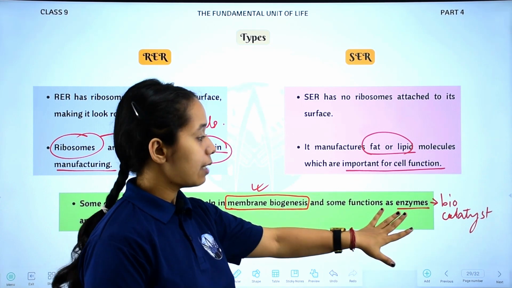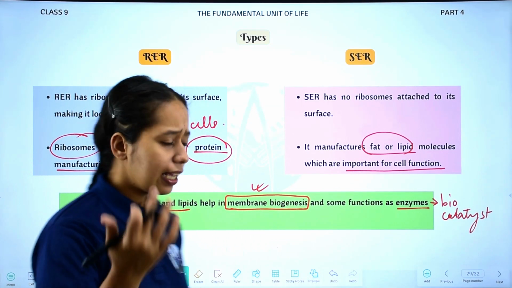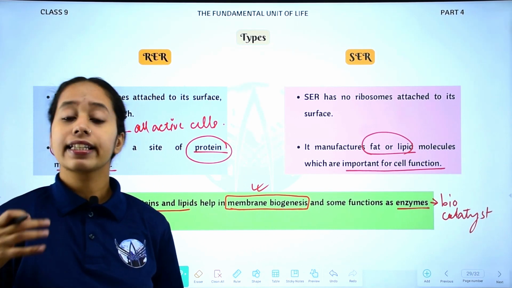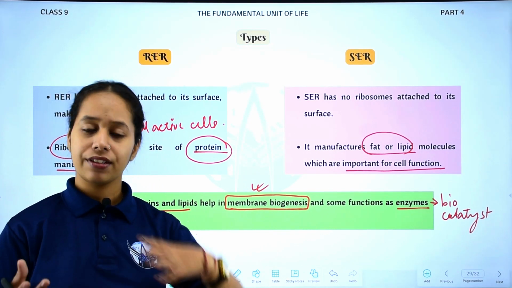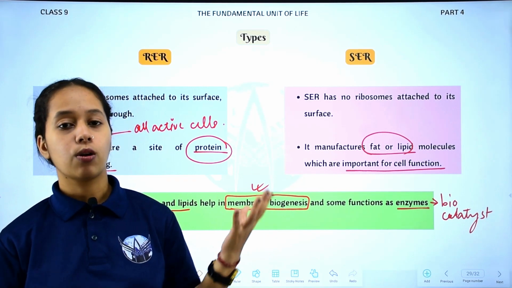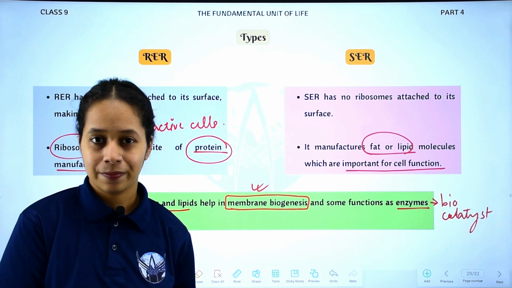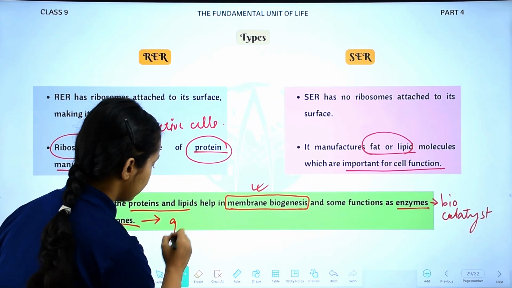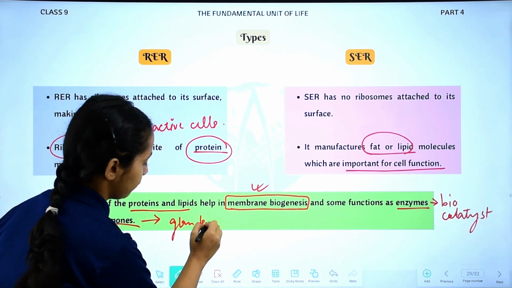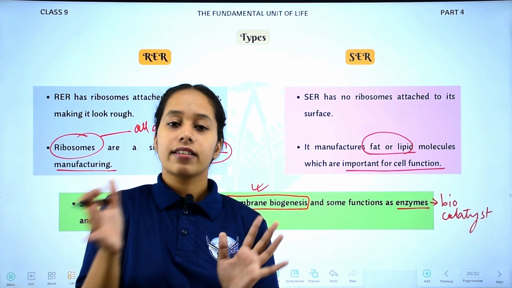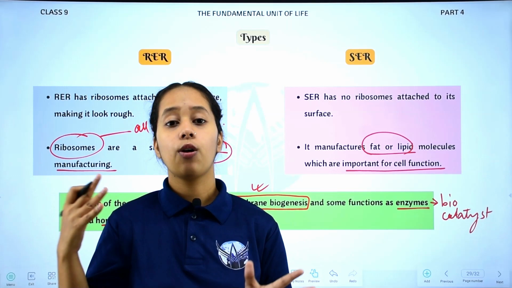So what are enzymes? Enzymes are biological catalysts. And what are hormones? Hormones are like signaling agents produced by glands. There are many different glands in the human body, and these different glands produce different hormones.